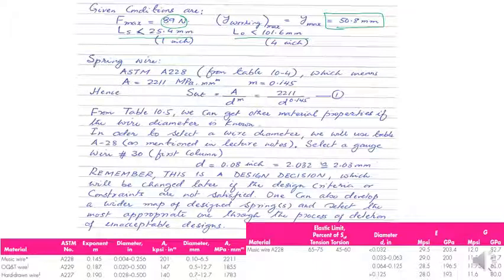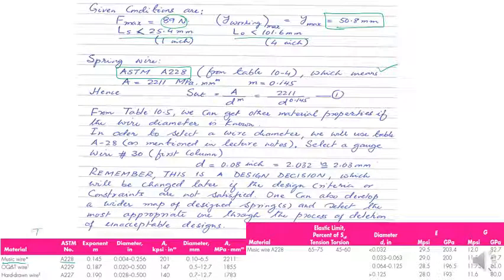As I told you in the previous slide, the music wire is ASTM A228, and you can see over here that this one is the music wire. The number is A228, and this is what we have to use, and we go to the table.